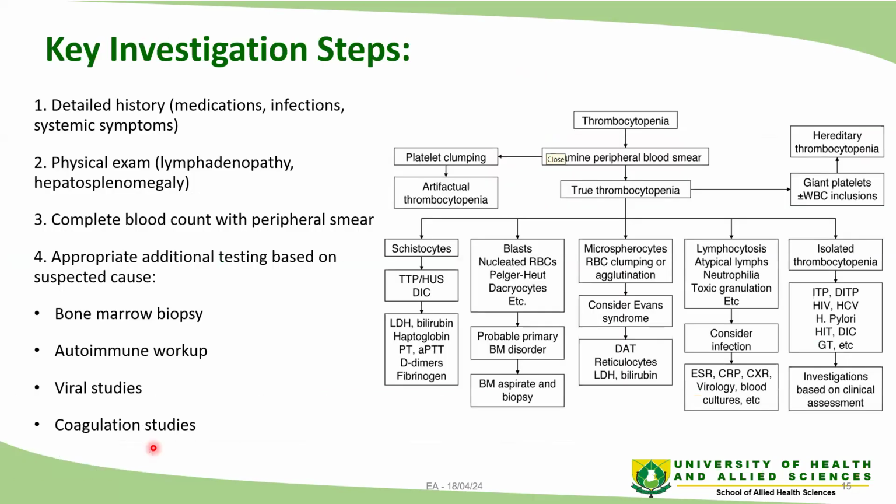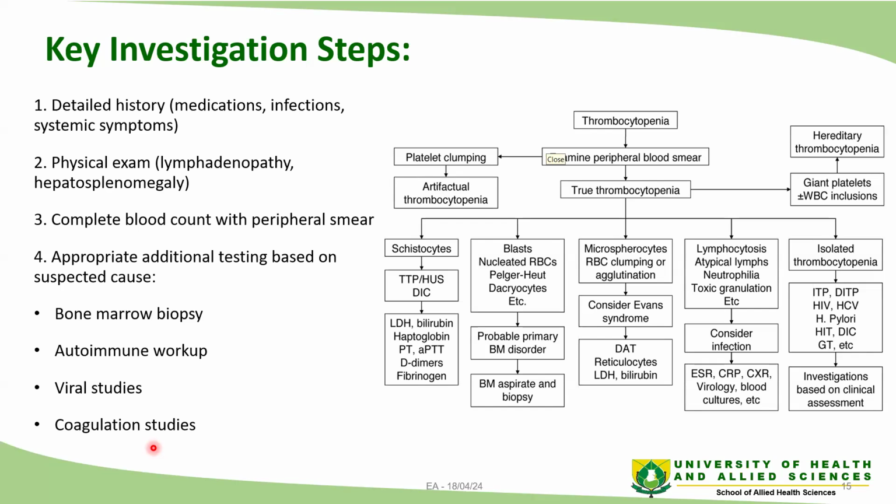So in investigating thrombocytopenia, it's important to take note of these key investigation steps. It's important to have a detailed history of the patient. This would cover various medications, if the person has had any infections, if the person has any systemic symptoms which would point to thrombocytopenia.